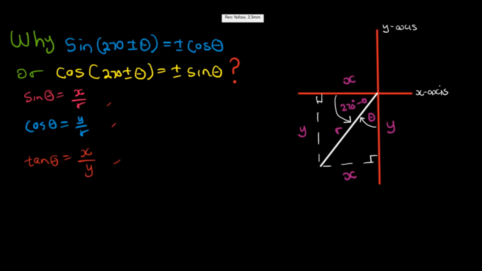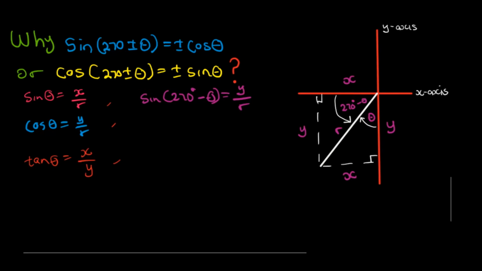Now let's find the trig ratios using 270 degrees minus theta. The first thing you're going to do is find sine of 270 degrees minus theta. According to this diagram, the triangle's opposite side is y, so it's y over the hypotenuse, r.